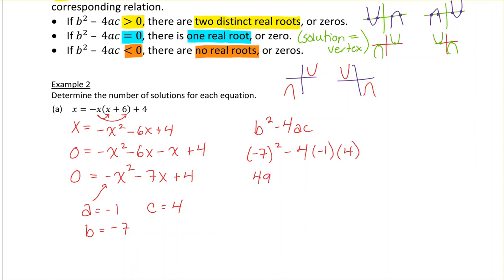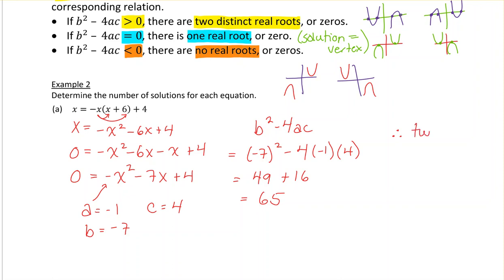This is 49. 4 times negative 1 times 4 is negative 16. Subtracting negative 16 becomes 49 plus 16, and that equals 65. Well, it's not so much that number that matters, it's just, is it negative, positive, or 0?